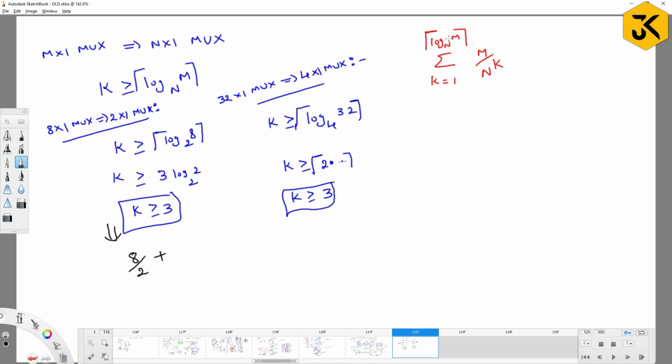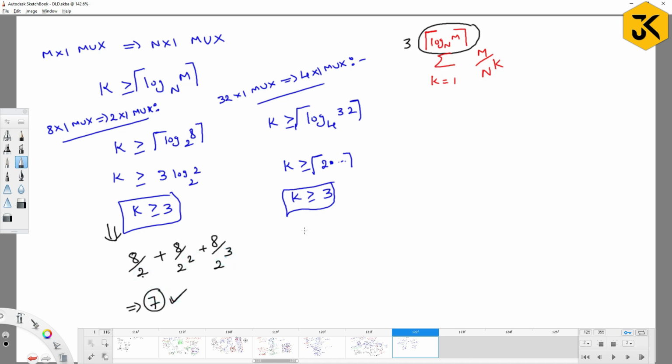What might be the value of k? You can simply replace it with 3. K value 1: 8 by 2 power 1 is 8 by 2. Next k value 2: 8 by 2 square. K value 3: 8 by 2 cube. That's it, we can stop. If you solve this, you will get the answer 4 plus 2 plus 1, which is 7. Are you getting the actual answer or not?